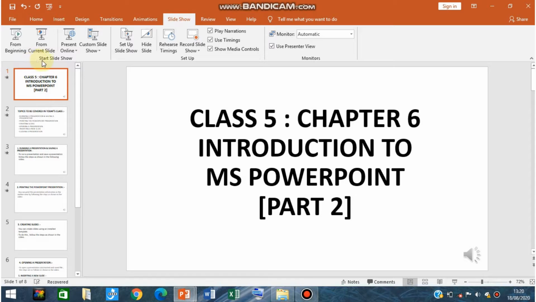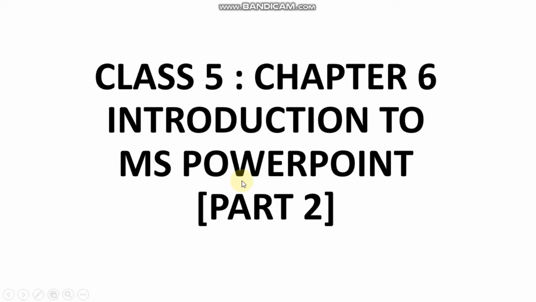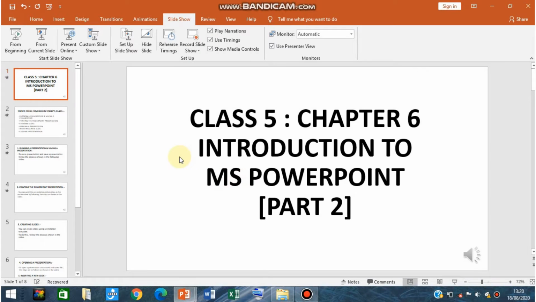In that section you will find an option of from beginning. Now click on the option from beginning. So in this way you can run the presentation in MS PowerPoint by clicking on the option from beginning inside the slideshow tab.